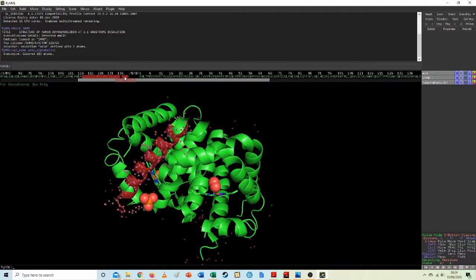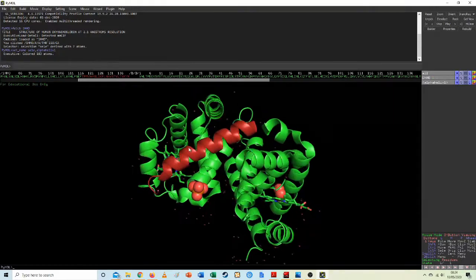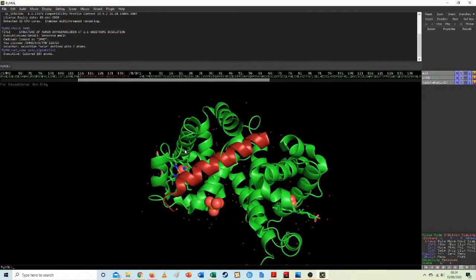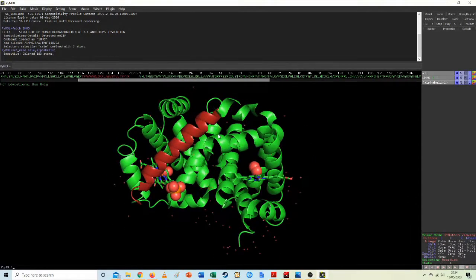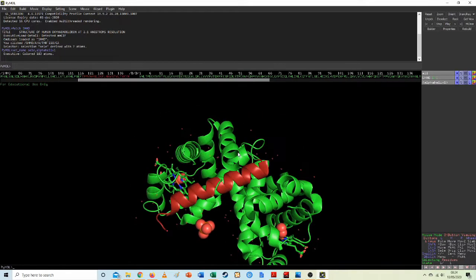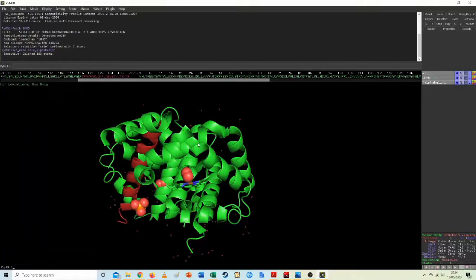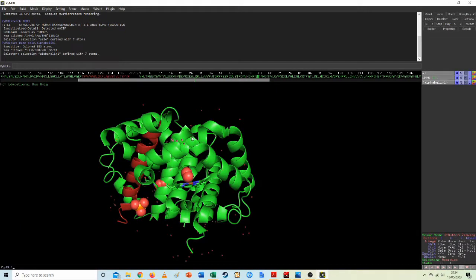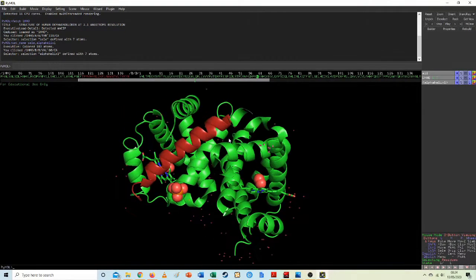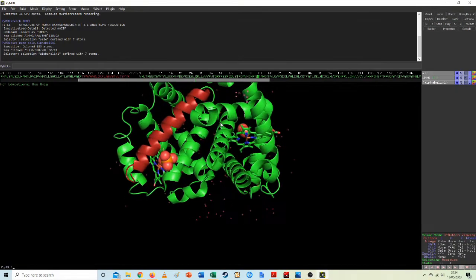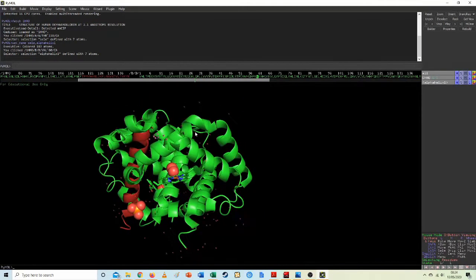Now that I've coloured it, hopefully I can just deselect it and that puts it back. Right, very nice. Now we've covered one alpha helix there. Now I'm going to pick another one here. I click that, right. So we got the end of it. I think we got the end of it.